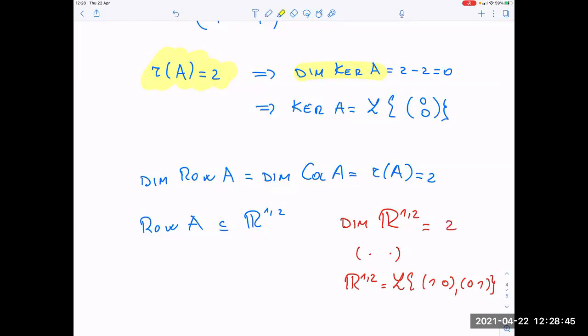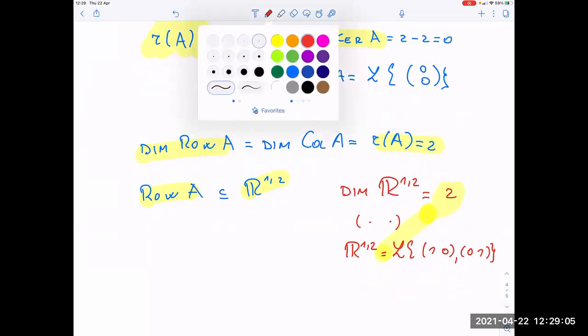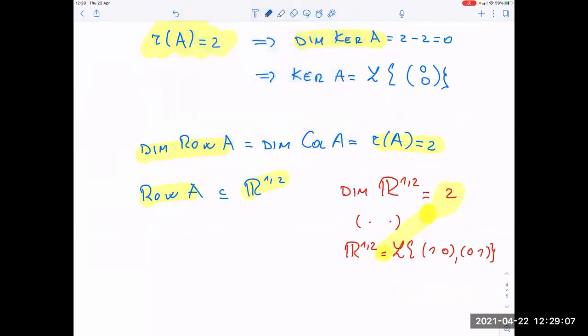No question about this, right? So this equality gives that dimension is 2. Exactly. Now, this is the same dimension of row space. So you see, row space of A is inside R1, 2, and they have the same dimension. So what do you think is going to be the row space of A?